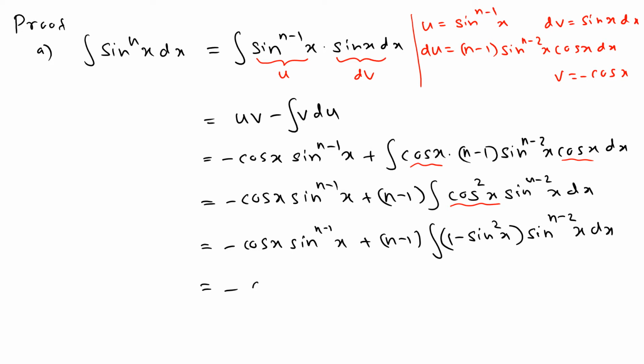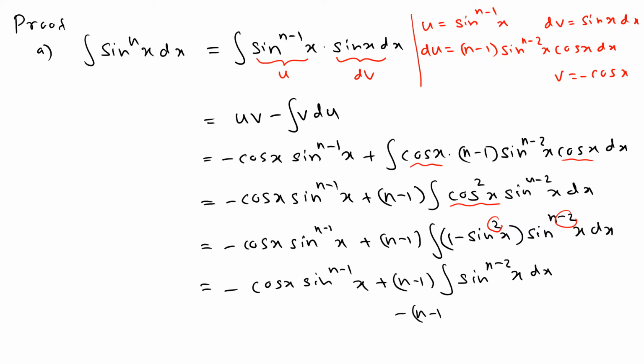From the first one, you're going to get (n-1) times the integral of sine^(n-2) x dx. From the second one, which has a negative sign, if you combine this, you have a square here and n-2, so they're going to combine, so you get sine^n there. So the next one is negative (n-1) times the integral of sine^n x dx.